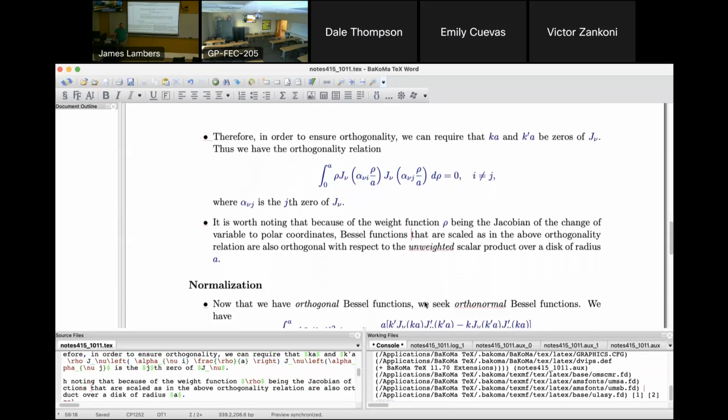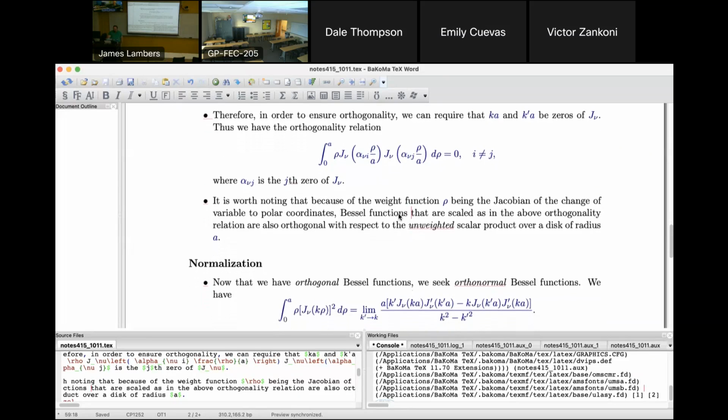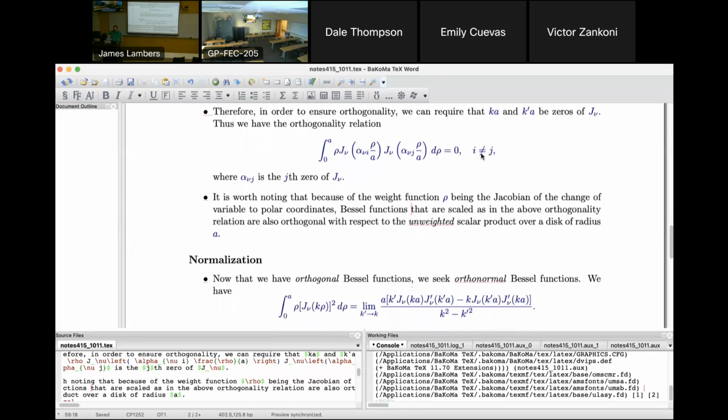Now, we keep in mind our original goal, that is to be able to expand functions in a series of Bessel functions. We need to know how this should be normalized, so we can get an orthonormal set of Bessel functions. That would be helpful. So aside from orthogonality, if i is equal to j, what does the integral turn out to be?